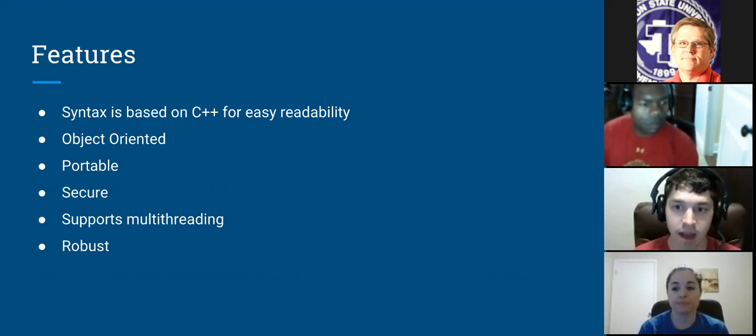Over time, the syntax has evolved to support things like generic programming and function literals. Java is an object-oriented language. This means that the software is organized as a combination of different object types that incorporates both data and behavior. This is meant to help simplify software development and maintenance by providing rules to go by.